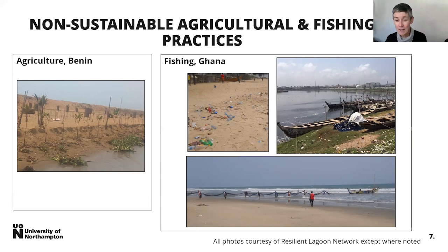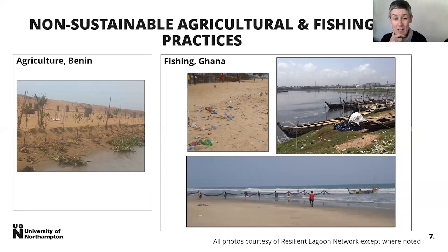So that might be dragnet fishing, it might be light use during the night to attract fish, and all of these are causing problems and downturns in fish populations. And I've got a couple of pictures here. The one at the bottom is showing an example of dragnet fishing, which is a traditional fishing method and can be used sustainably, however, is seeing increasingly unsustainable use.